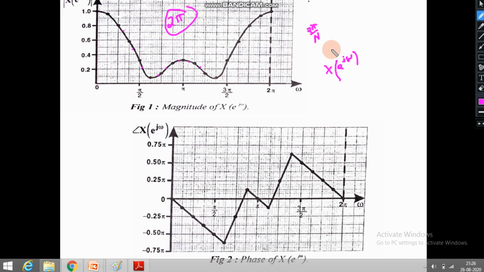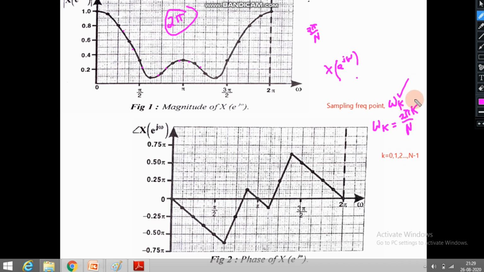Then the sampling frequency points are denoted by omega k. After sampling, we have to obtain the sampling frequency points. The sampling frequency point omega k is given by omega k equal to 2 pi by N, which is the sampling interval, into k.